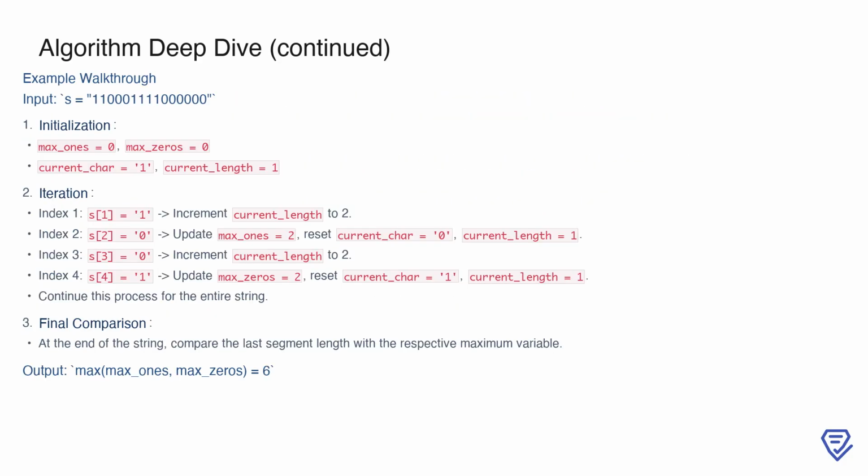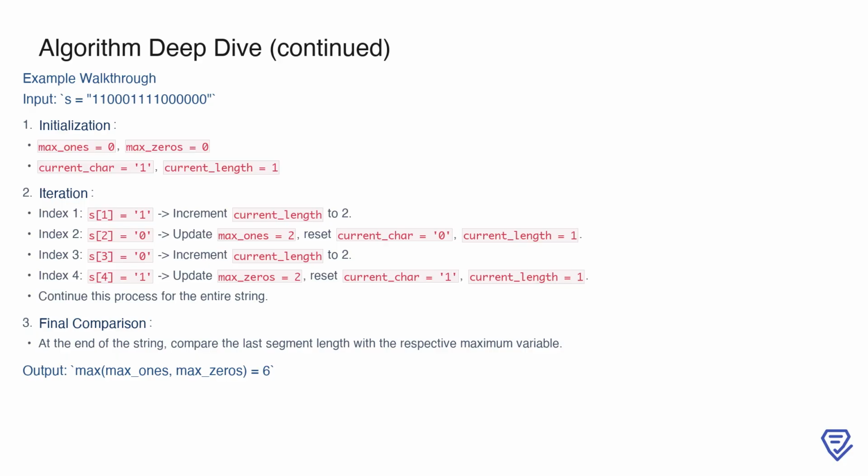To better understand how the algorithm works, let's walk through an example where the input string is s = 1100111110000000. We begin by initializing max_1s and max_0s to 0, current_char to 1, the first character, and current_length to 1. As we iterate through the string, we process each character step by step.